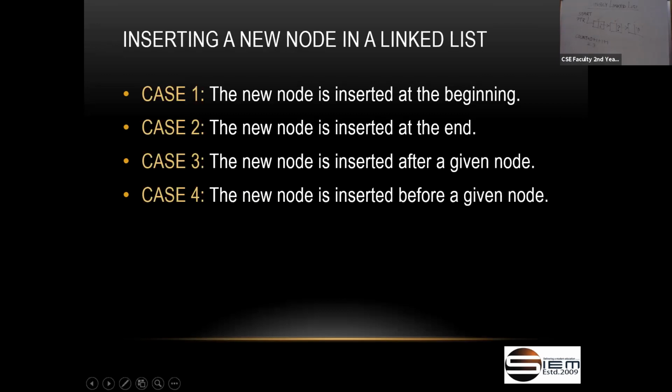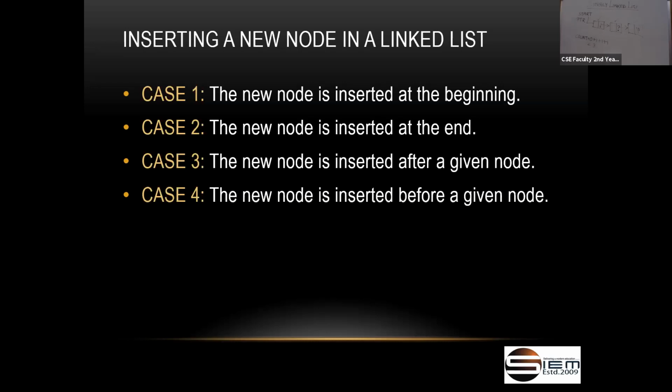Now, there are several algorithms. First is inserting a new node in a linked list. This can be classified into 4 cases or 3 cases also. In some books, you will see 4 cases, in some books, you will see 3 cases. Both are correct.